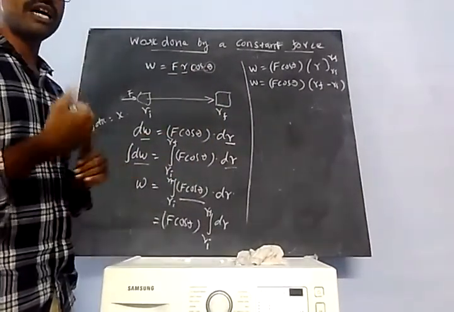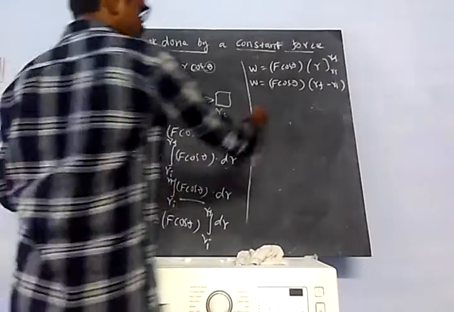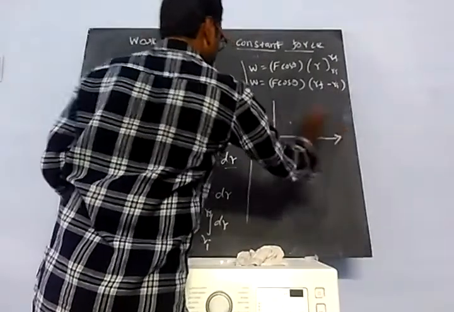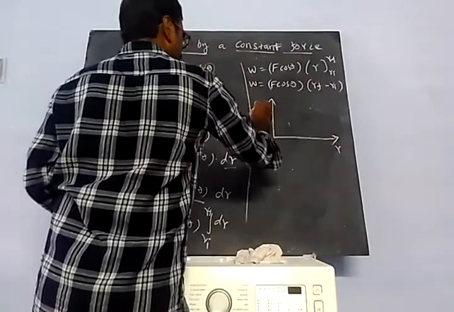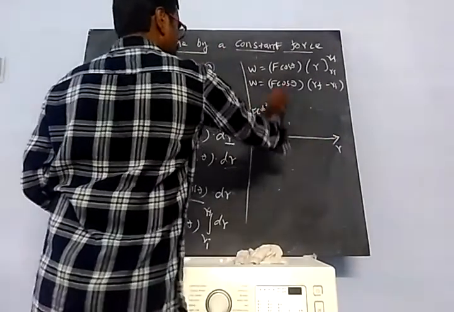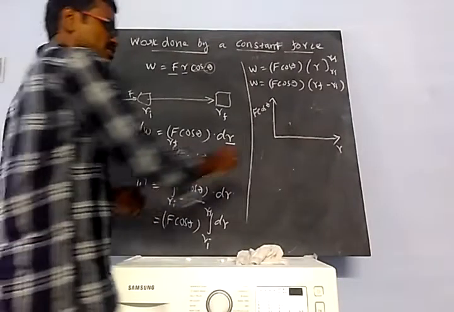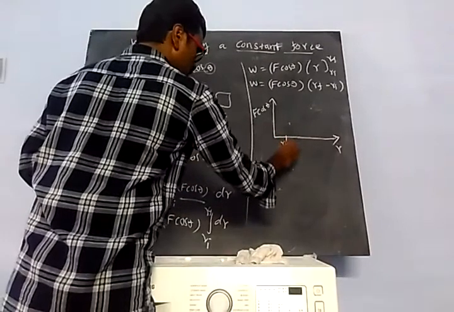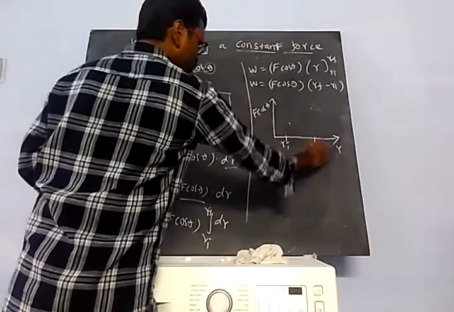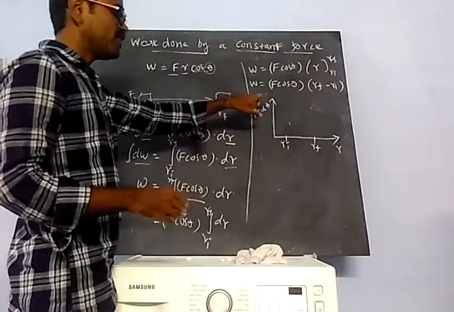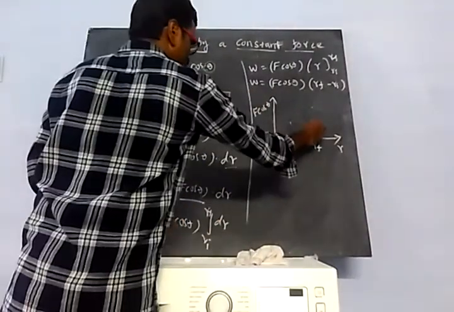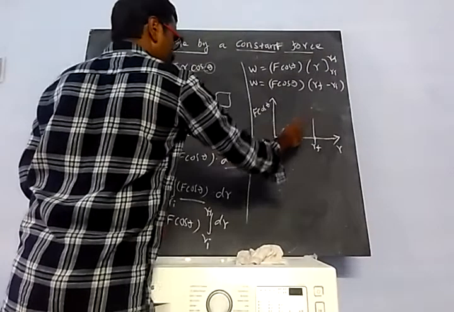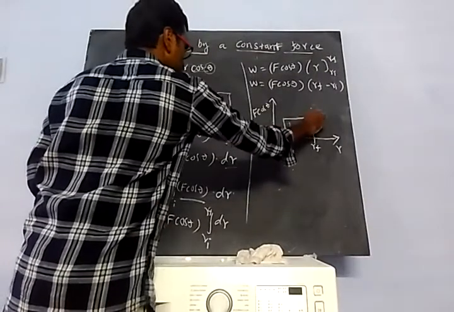Now you can draw one graph. This graph is between displacement and F cos theta. Okay, so this is the initial position Ri and this one is the final position Rf. At the initial position, whatever force there is, the same force is there at the final position. So here the force is constant.